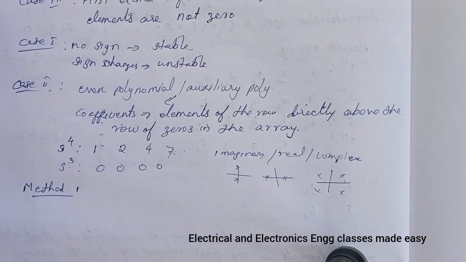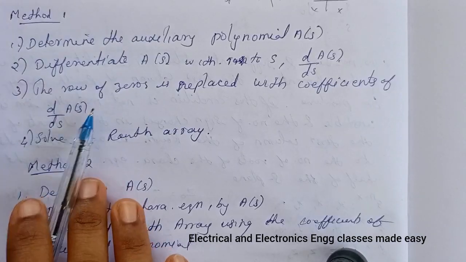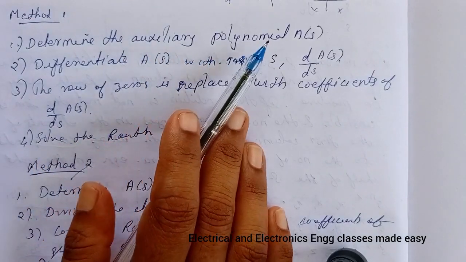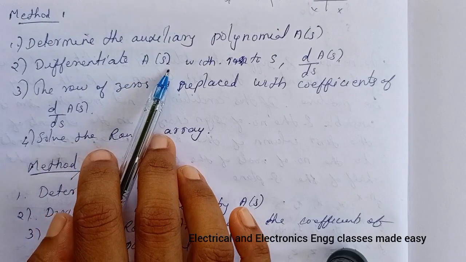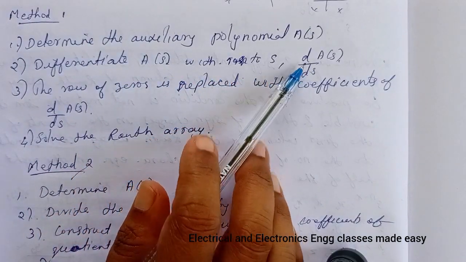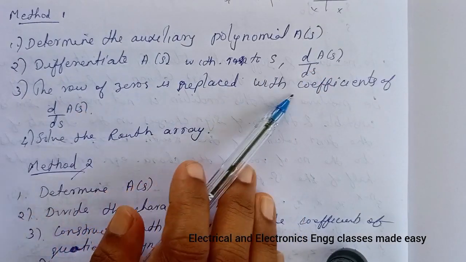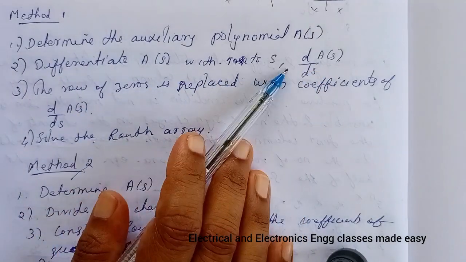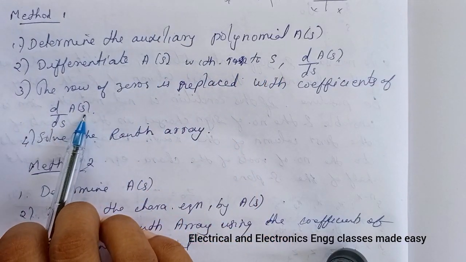So in the first method, determine the auxiliary polynomial A of s. Then second, differentiate A of s with respect to s, that is d by ds of A of s, we have to find. Then the row of zeros is replaced with the coefficients of this d by ds of A of s.